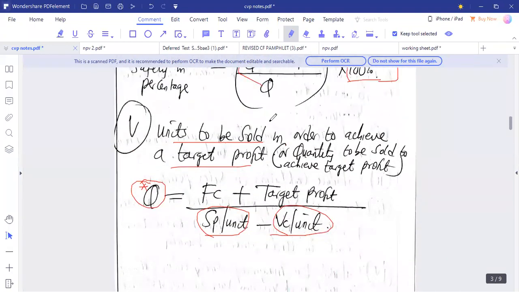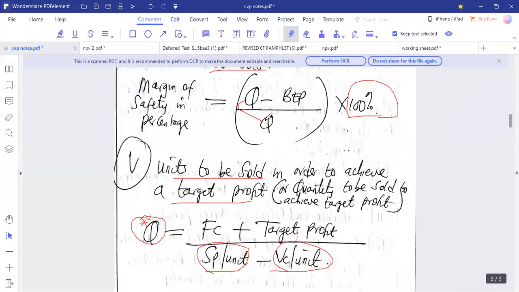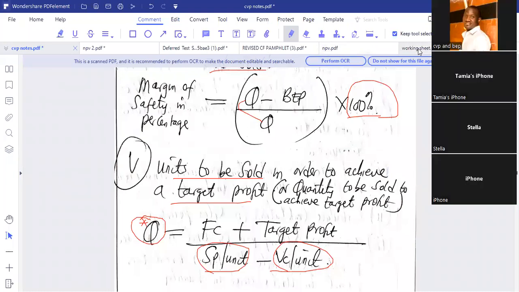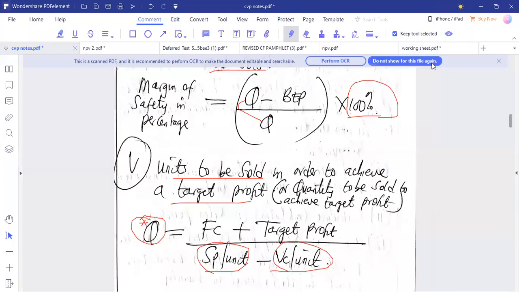So we can get down to an example. Of course, I have to explain the assumptions of the CVP, and then also the other things that we need to go through, the limitations of the BEP and all that.